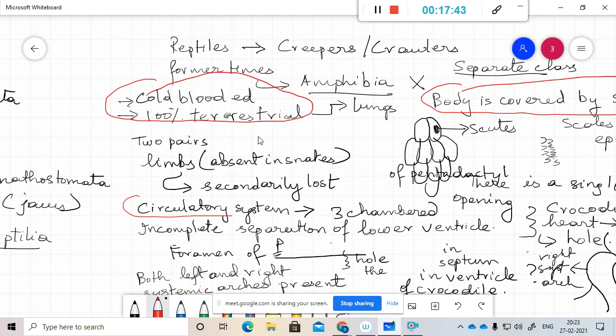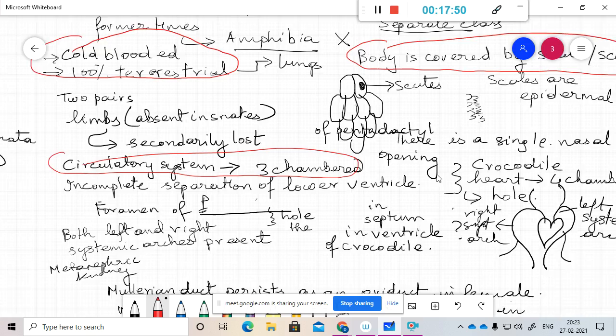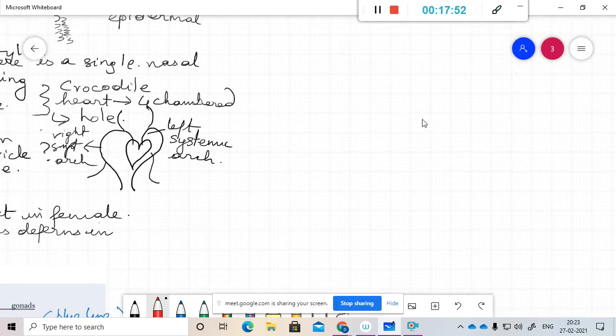Circulatory chamber is 3-chambered. So these are the most important characteristics.